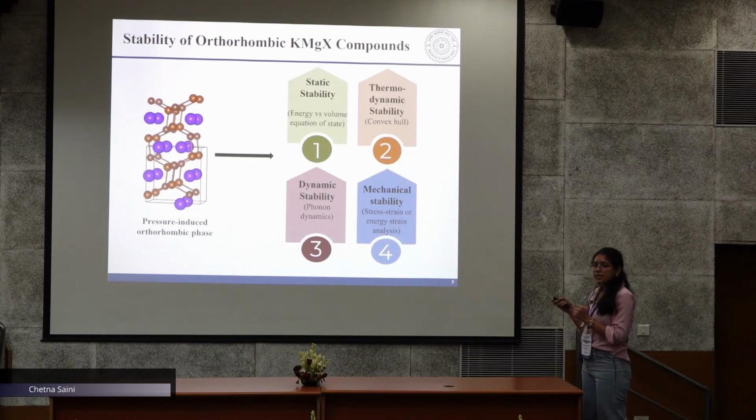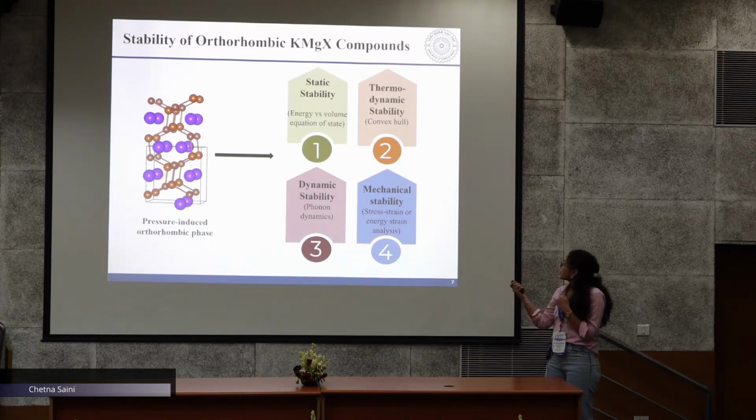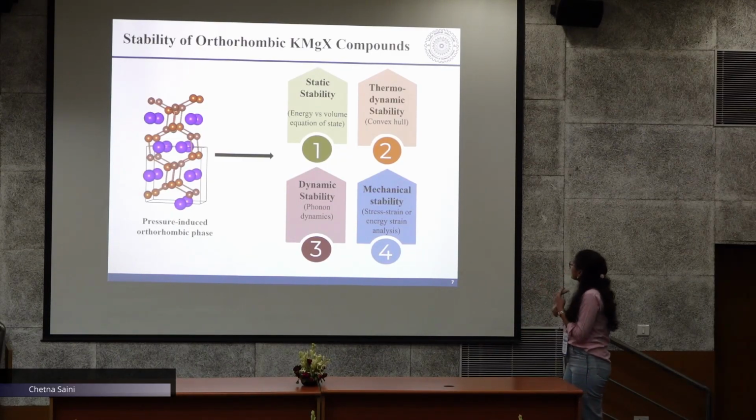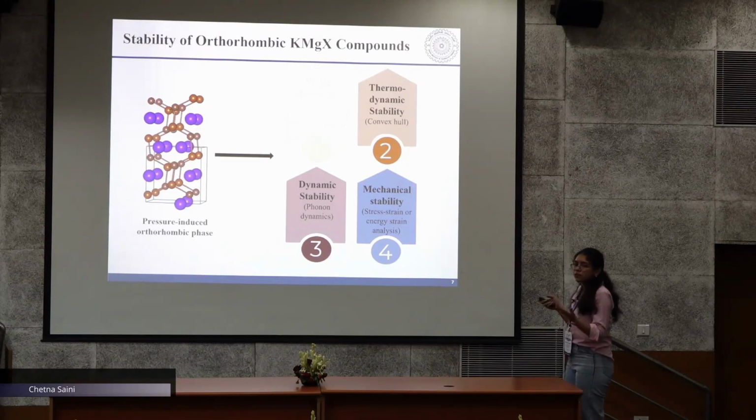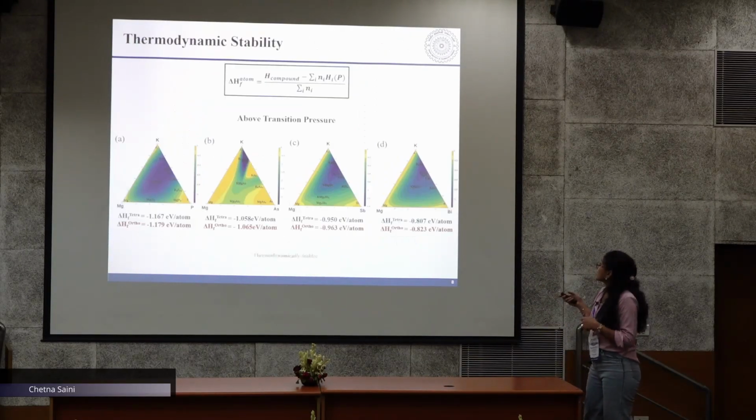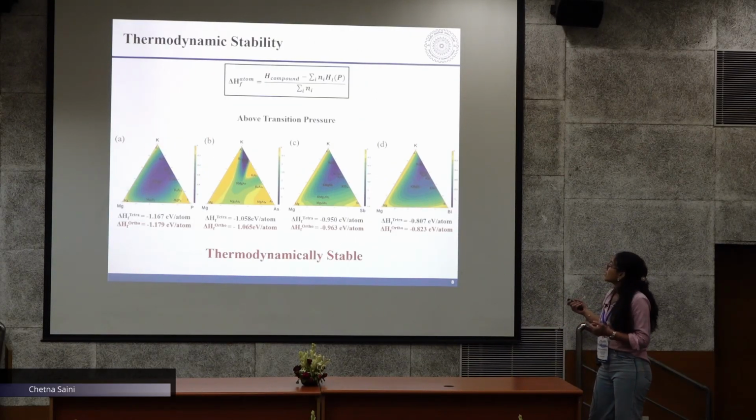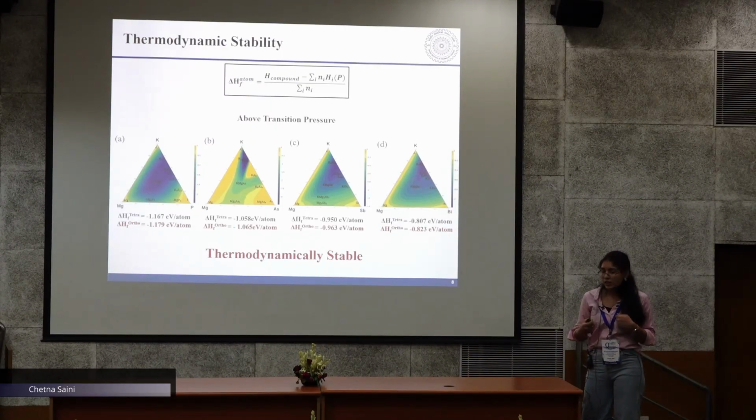After assessing the condition of getting the orthorhombic phase, we pass our material through the four pillars of stability check, that is static, thermodynamic, dynamic and the mechanical one. Since the static stability of the compound is already confirmed through the energy versus volume analysis, we next explore its thermodynamic stability. It is investigated by calculating the per atomic change in formation enthalpy.